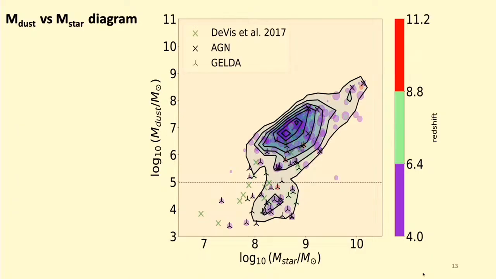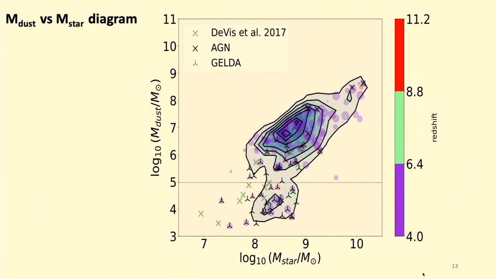But we have another clump, another sequence here, which is different. These are the contours of all the data points. Using Seagal with the mark option, we can estimate when we can trust our dust mass. Below this value, we have only upper limits. But this is enough because even if we can estimate dust masses down to here, that's quite a large difference with the main sequence that we have here. So what are these two sequences?